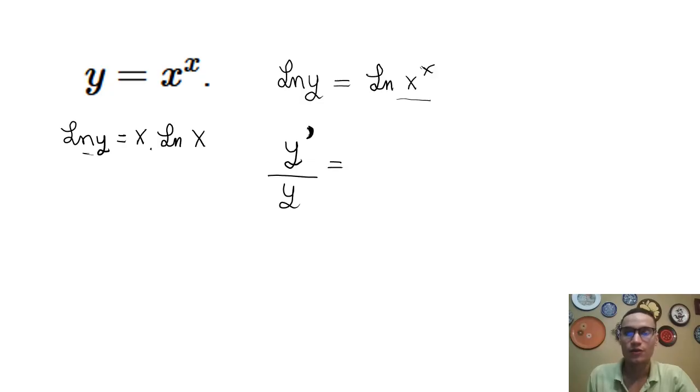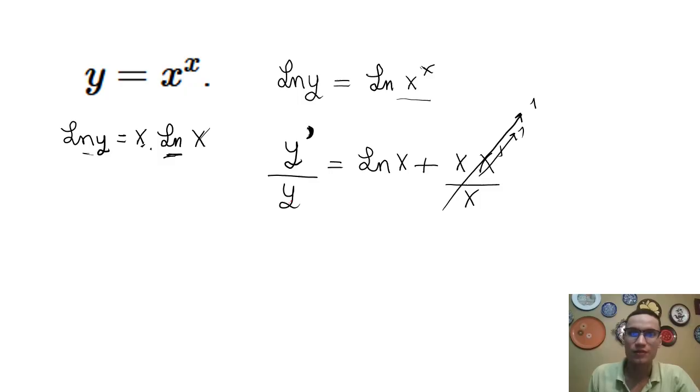Okay, this is equal to the derivative of x, which is 1, times logarithm of x plus x times the derivative of this, which is x prime, in this case is 1, divided by the argument, which is x. So x divided by x times 1 gives us an overall 1.